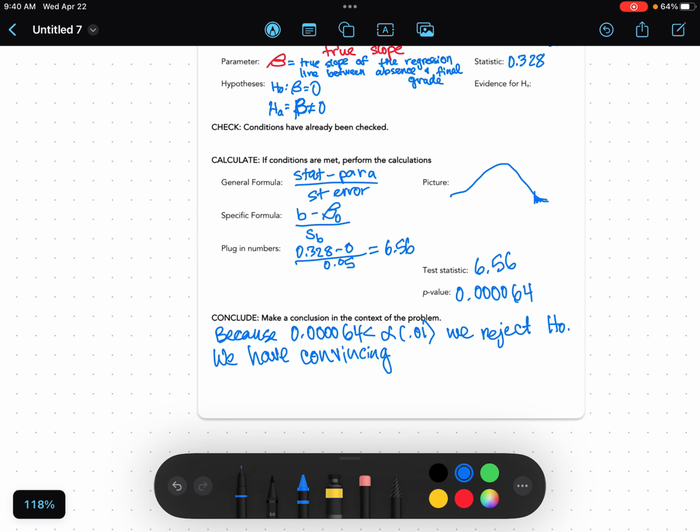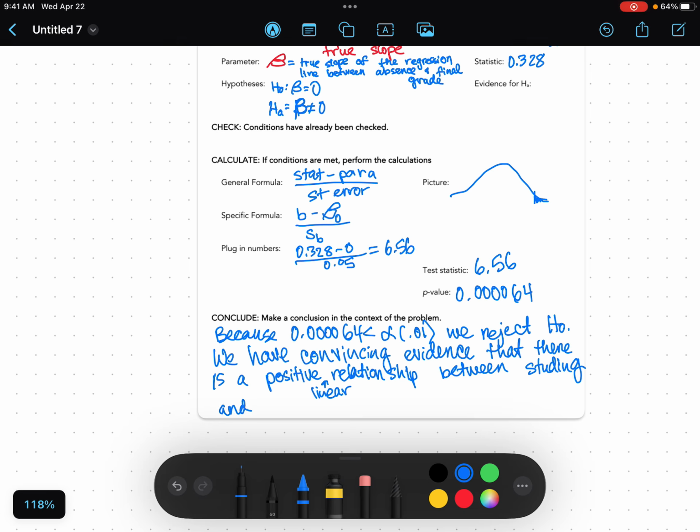Convincing evidence that there is a positive, I should say a positive linear relationship between time studying and grade.